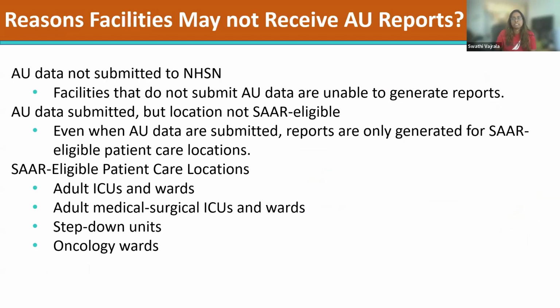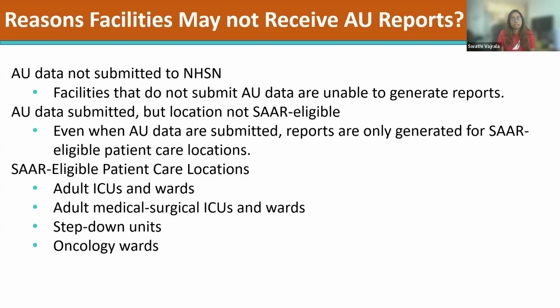And also, if a facility has submitted AU data in the past and received the reports, but is not receiving the reports this year, there may be several reasons. First, it's possible that the facility previously submitted AU data for the SAR eligible patient care locations, which include ward, ICU, and step down, but in the current year, those locations no longer have data submitted. Without current year data for the SAR eligible location, NHSN will not generate the AU or the SAR report.